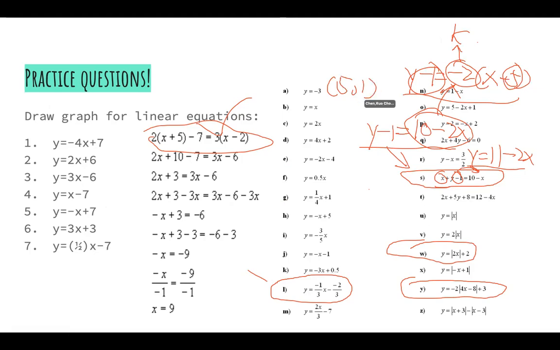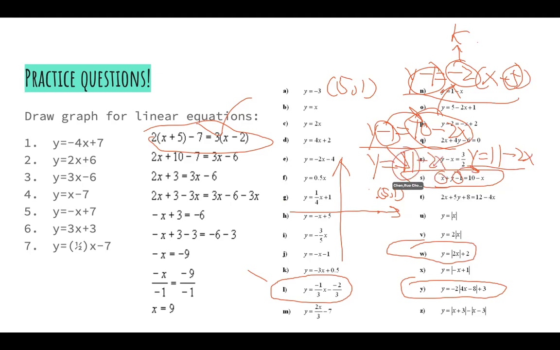So we plot 5, 1 here. And then we can move this to the right. We can see it is y equals 11 minus 2x.